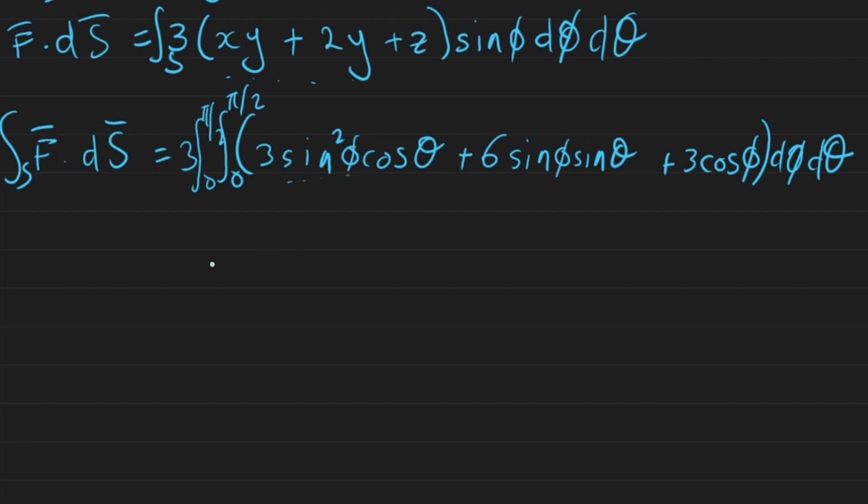We just have to remember that the integral of sine squared phi is half phi minus 1 over 4 sine of 2 phi. So this is just a standard integral, and you're integrating this from 0 to pi over 2. Once you do that, the rest is quite straightforward. So I won't do this here. I think just attempt it on your own and try to find the answer.